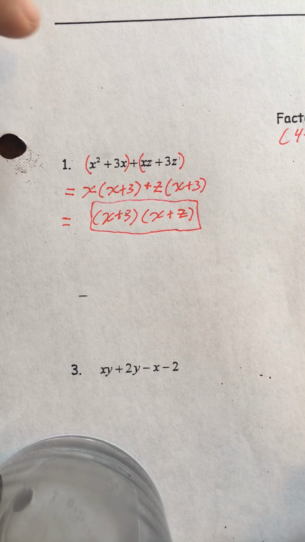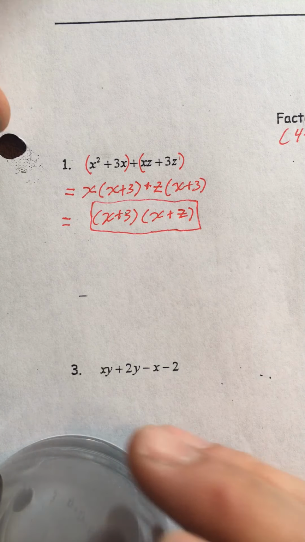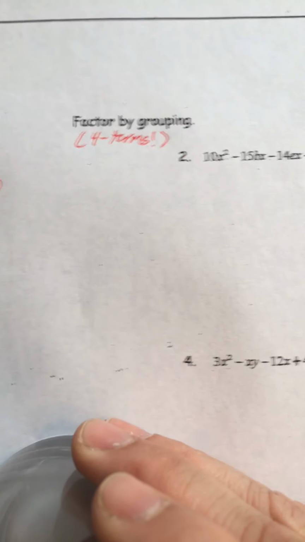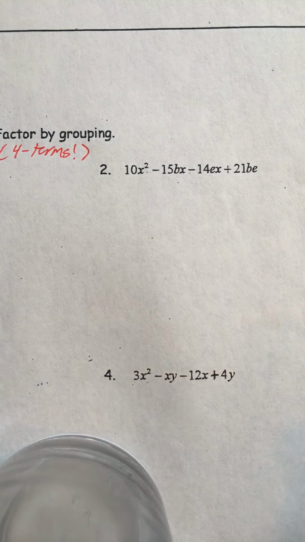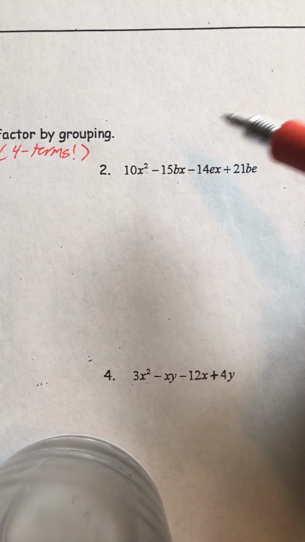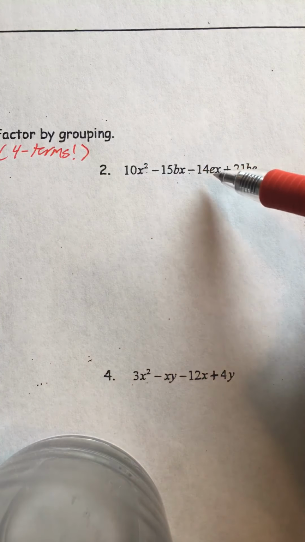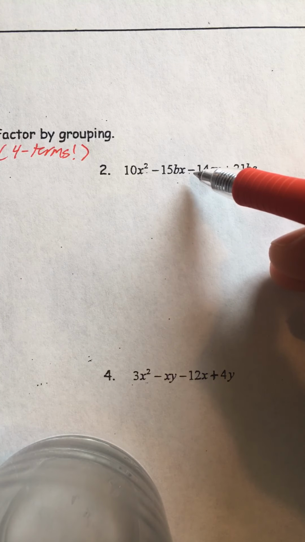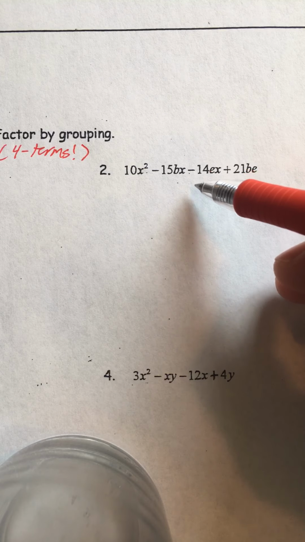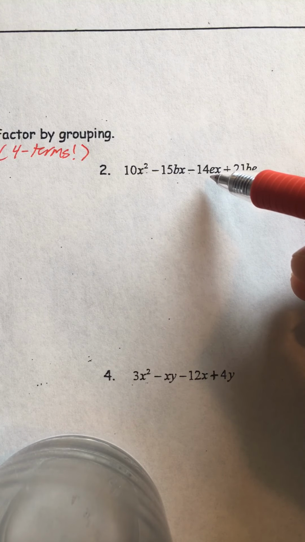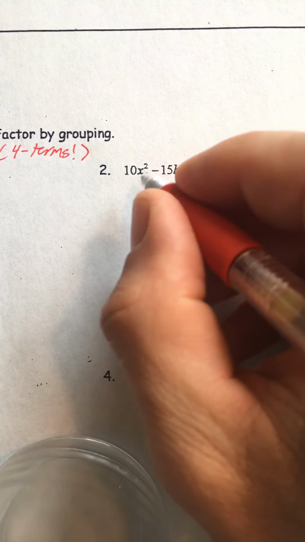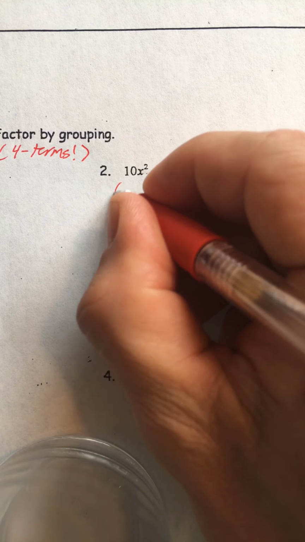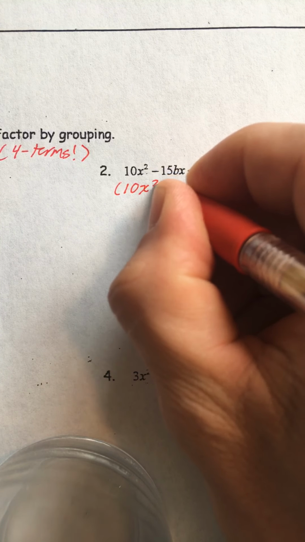Okay, we're just going to look at a couple more that can present a couple different issues and things that you need to think about when you're factoring by grouping. We notice here I have four terms, so we're going to try to factor by grouping, and notice that the third term is negative, and that actually belongs to the 14ex. So I'm going to take a second to rewrite this in terms of grouping.